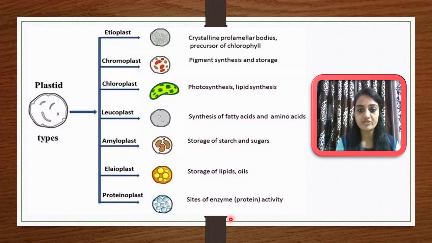These are the functions. The main function of a chloroplast is photosynthesis, and second is lipid synthesis. Then leucoplast, synthesis of fatty acids and amino acids. Then amyloplast, storage of starch and sugars. Elaioplast, storage of lipids and oils. Then proteinoplast, which is a site of enzyme or protein activity.